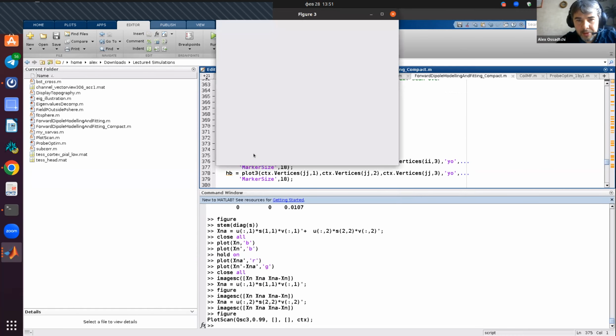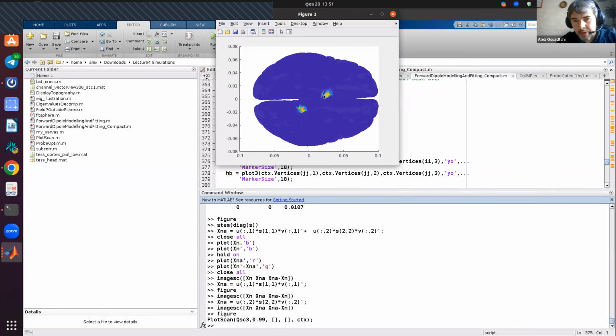Okay, and there it is. See, the beauty here is that I didn't at all have to select any time slice.